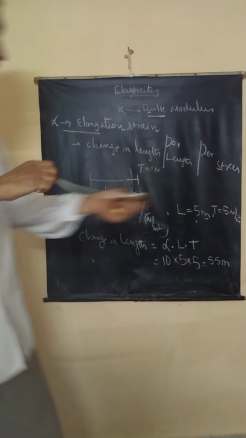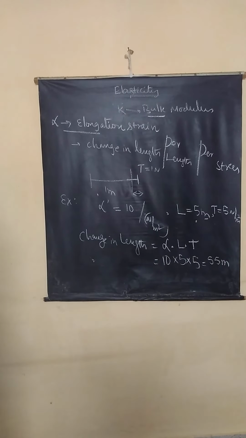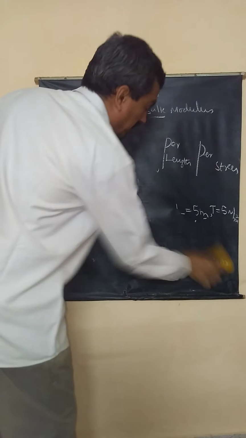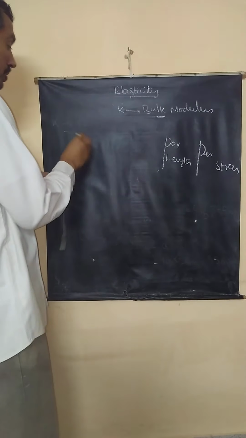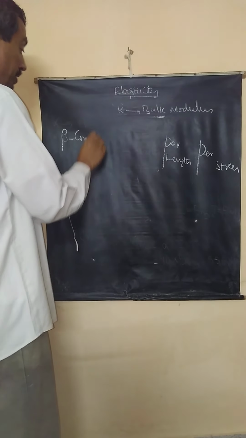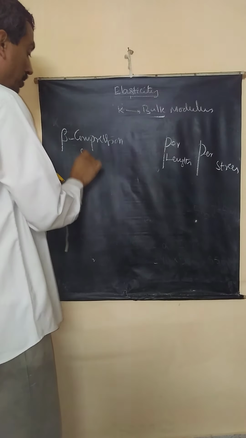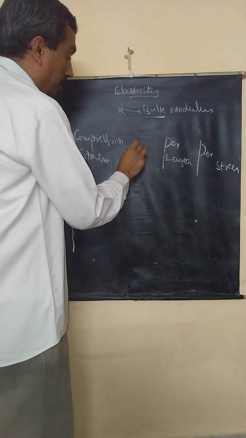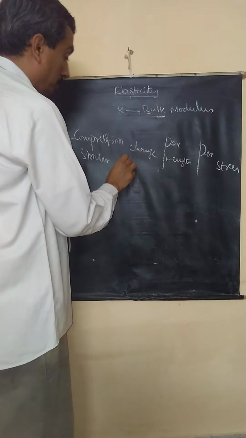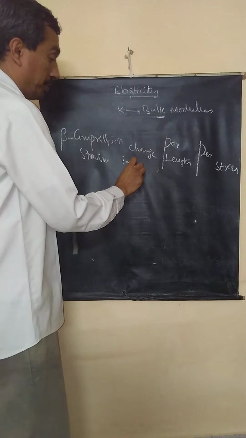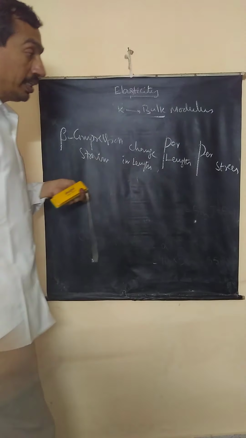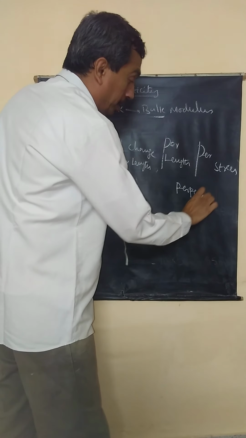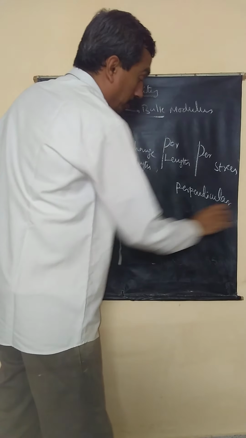So beta, the compression strain, is defined as the change in length per unit length per unit stress, perpendicular to stress.